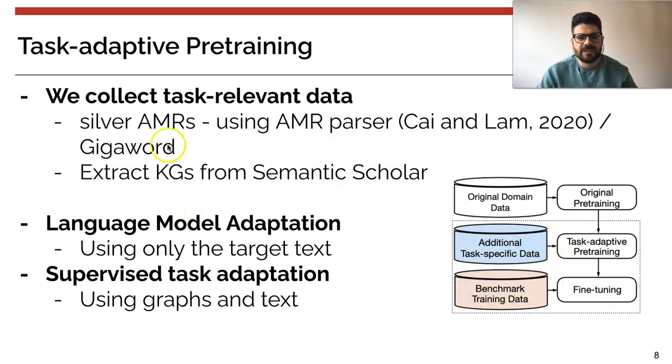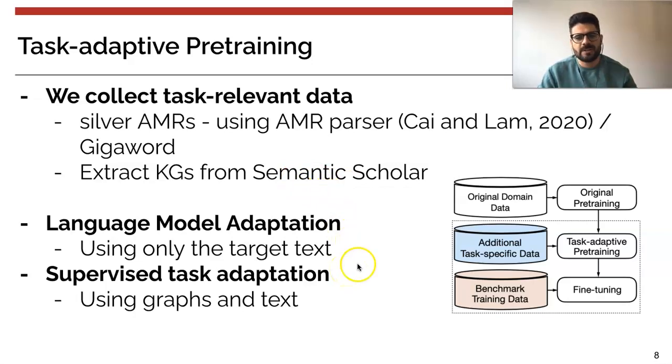For the task relevant data, for silver AMRs, we use a parser to extract silver AMRs from Gigaword sentences, and for knowledge graphs we extract those knowledge graphs using Semantic Scholar. The idea is that we collect abstracts in Semantic Scholar and extract knowledge graphs from those abstracts.